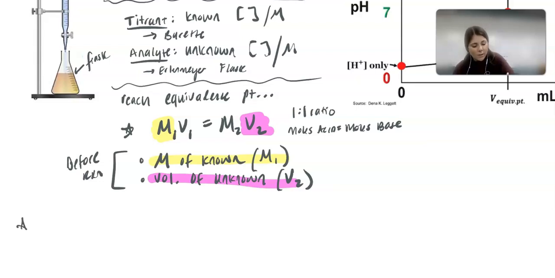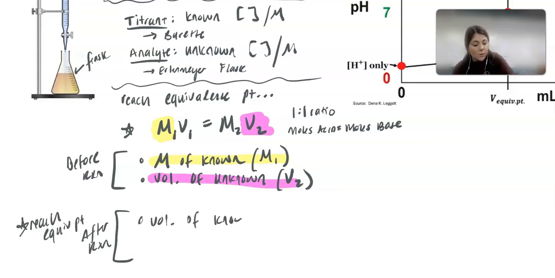And then once we reach equivalence point, okay, this will be after the reaction because we'll stop the reaction from continuing. We will get the volume of known added. And this is coming from the burette because remember I told you the burette starts at 0 and then we can see how much we dispensed once we reach that equivalence point using an indicator. This would be our volume 1.